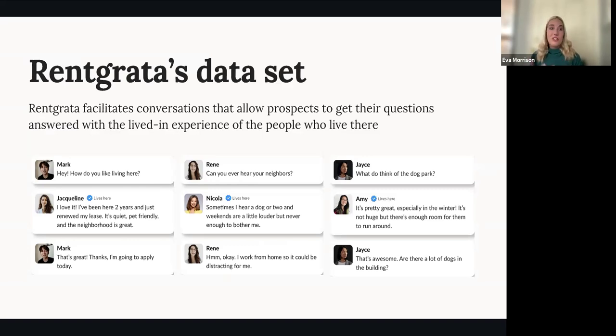And so what we've been able to do is help all of these different companies and communities connect their renters to prospects and have these really candid conversations, and help us collect thousands and thousands of messages, with questions from prospects and answers from renters, and build this really interesting data set that we want to be able to share insights from with the companies that we work with.